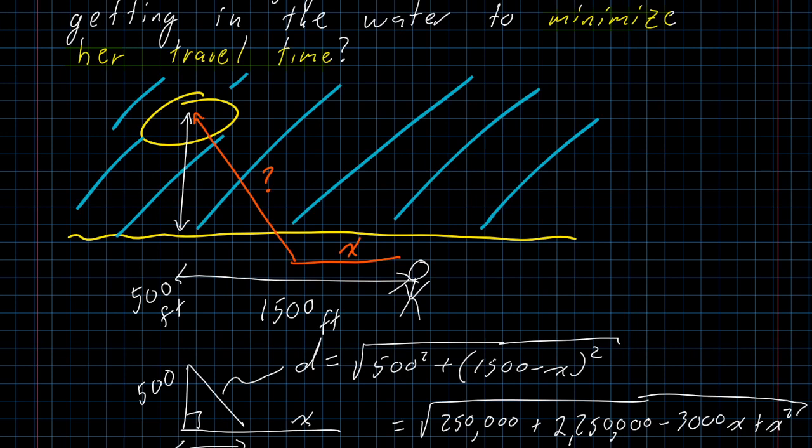One thing that I know for certain, our beachgoer is not going to start by jogging this way and then swimming. That is definitely going to add time that we didn't need. Likewise, our beachgoer is not going to jog way past and then swim back. That is also going to add time that we didn't need. Because we're looking for the minimum time, the beachgoer is going to either jump right into the water, come all the way down and jump in the water, or most likely something in between.